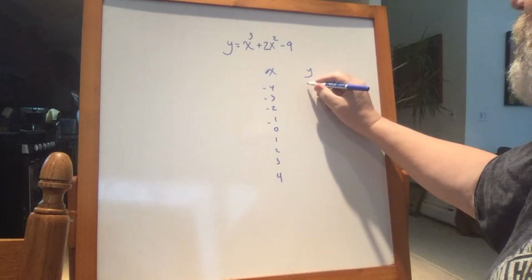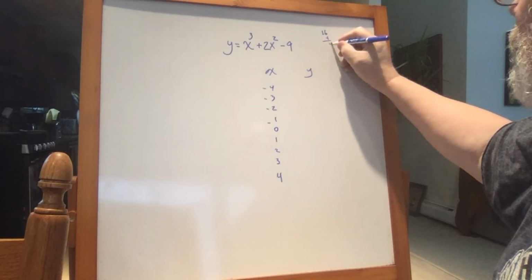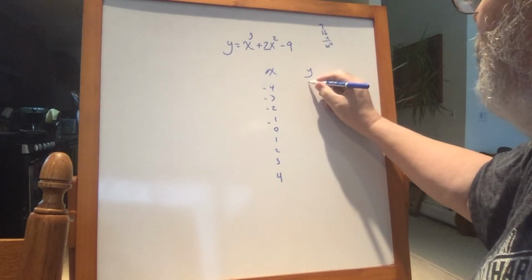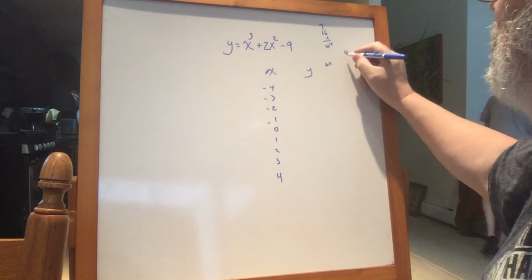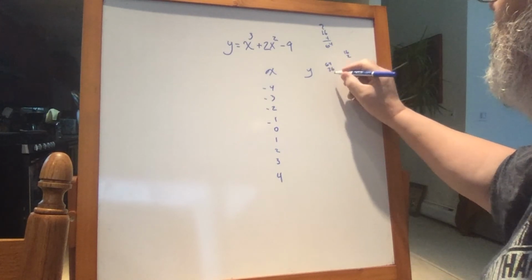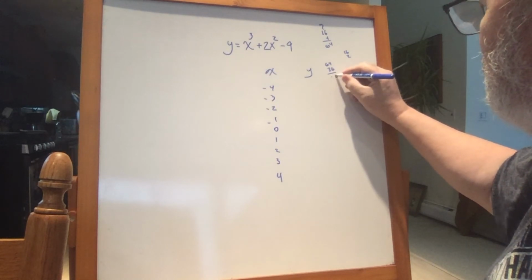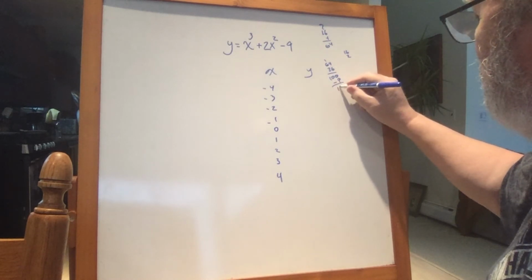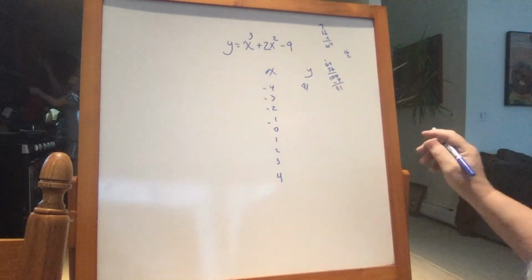And this would be 4 to the third, so that's 64, plus 16 times 2 is 32, so 100 minus 9, that's 91. So that's 91.